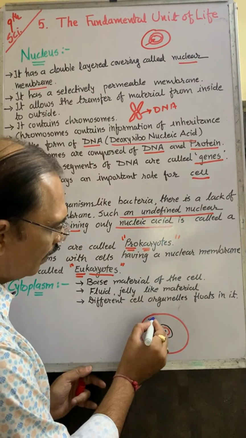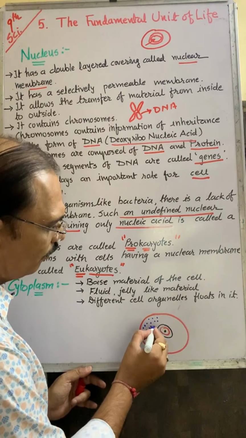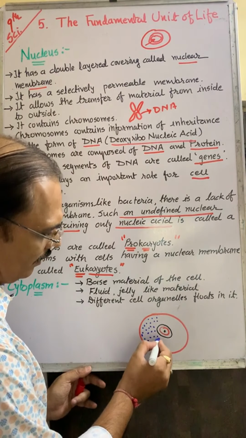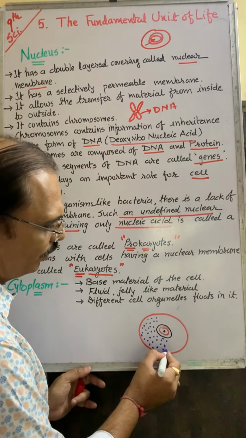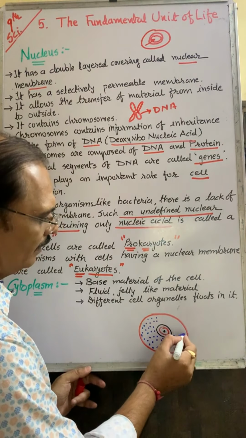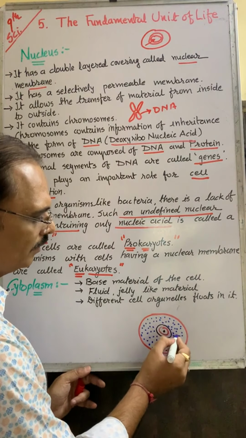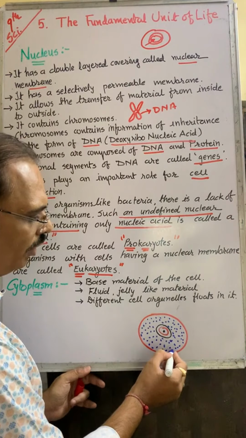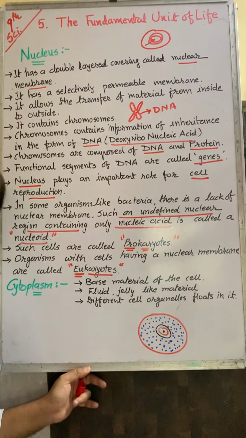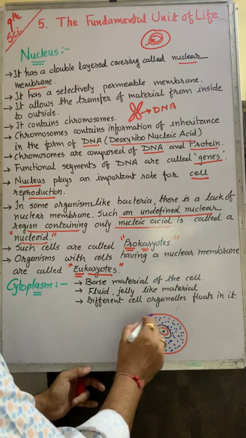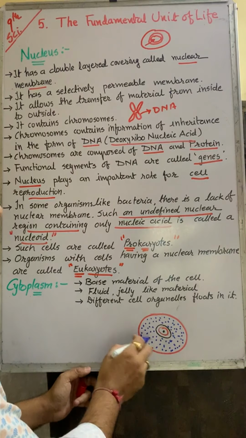In the cell, a base material just like water or jelly-like substance, a jelly-like fluid, is known as cytoplasm. In this cytoplasm, the different organelles float. We will learn later. These different organelles are found in this cytoplasm.